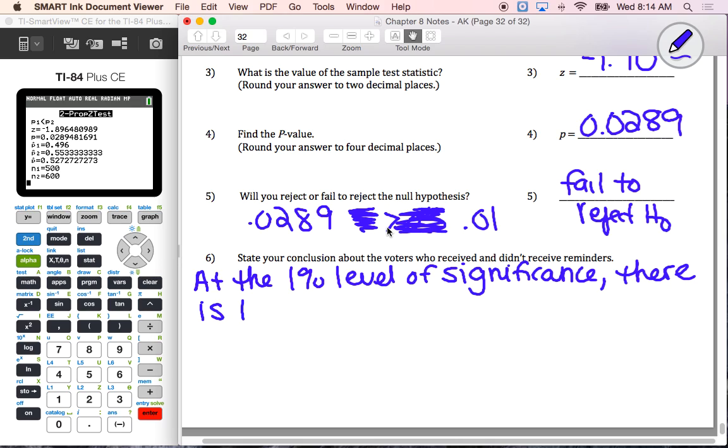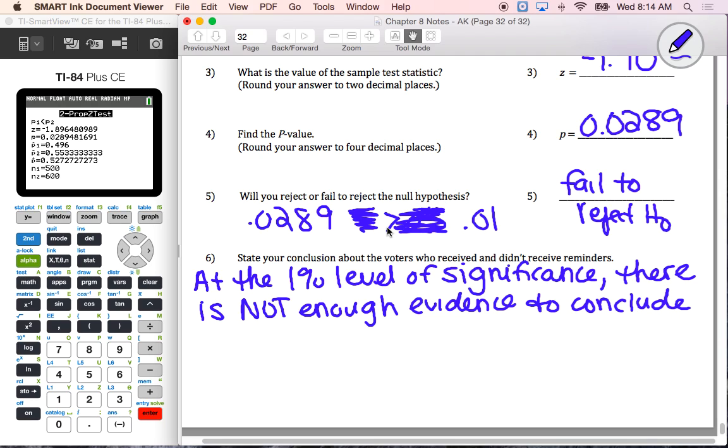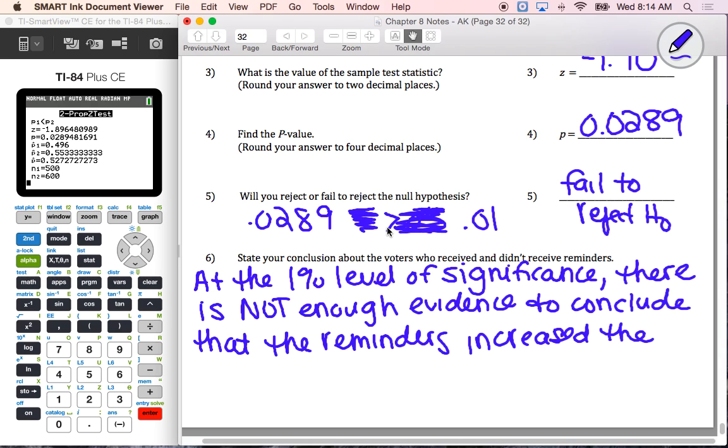There is not enough evidence to conclude that the reminders increased the proportion of registered voters.